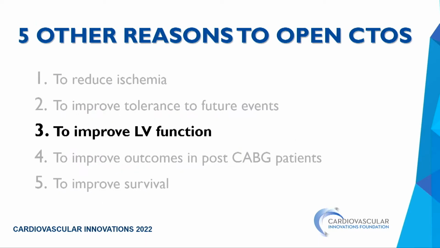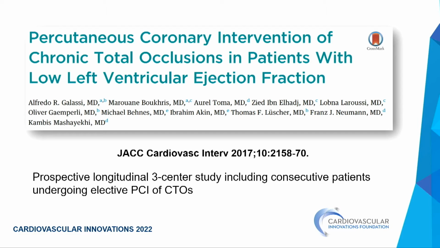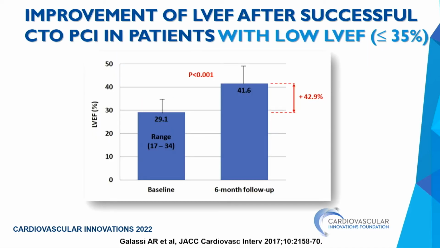Can we improve LV function? Yes. A big observational study from 3 large centers looked at the effect on LV ejection fraction. When they looked at the patients who had low EF, 35 and lower, there was a 43% improvement in LV EF in patients who had low EF to start.